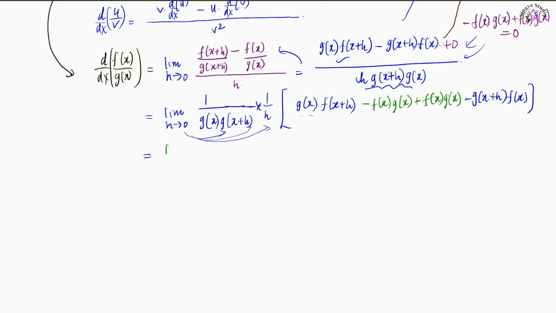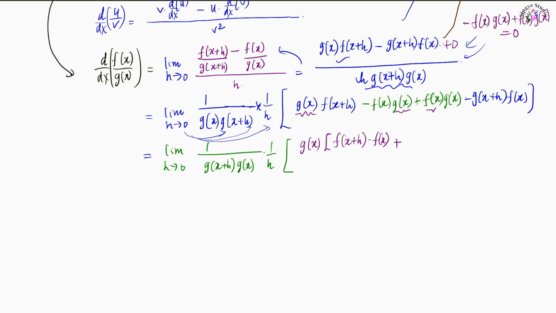So we can write limit h approaches 0, 1 over g of x plus h times g of x, times 1 over h times, see here in this expression, this g of x and g of x is common, so we can take g of x times f of x plus h minus f of x, okay, plus here we can take f of x as common.